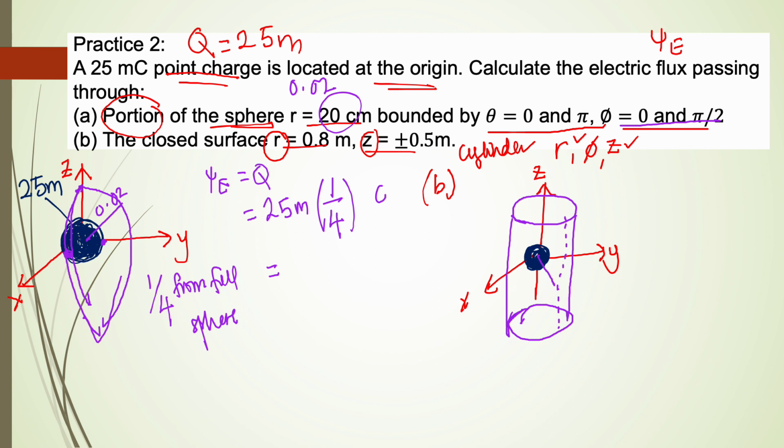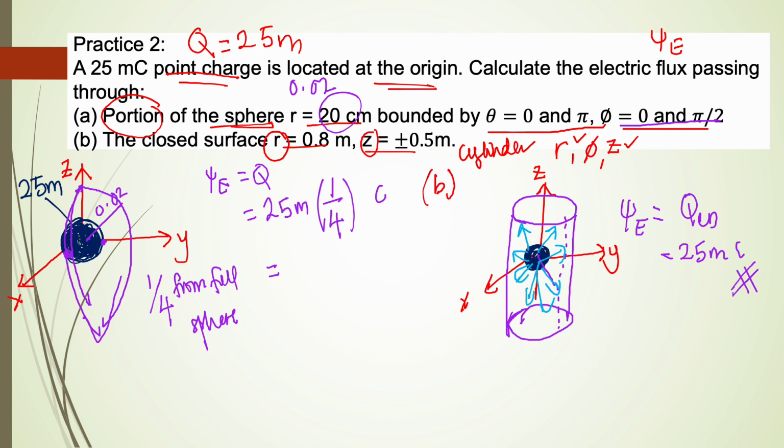So what is the value of psi E now? It is equal to Q enclosed. Inside this cylinder is contained the whole point charge, meaning the flux from the whole point charge is distributed along this cylinder. Therefore psi E is equal to Q enclosed, which is equal to 25 millicoulomb.